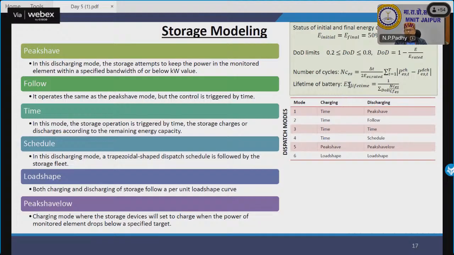Schedule: in this discharging mode, a trapezoidal shaped dispatch schedule is followed by the storage. Load shape: both charging and discharging of storage follow a per unit load shape curve. Peak shave low: a charging mode where the storage device is set to charge when the power of the monitored element drops below a specified target.